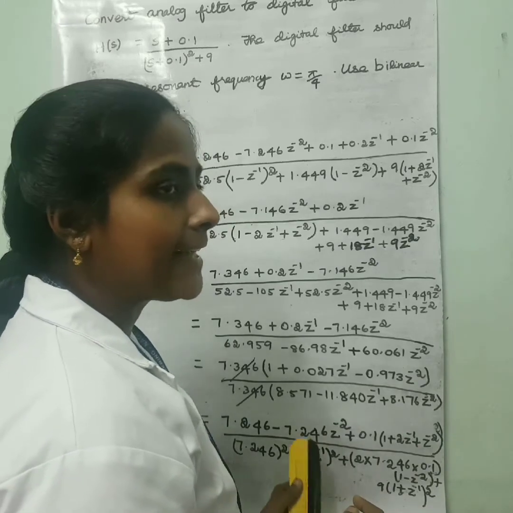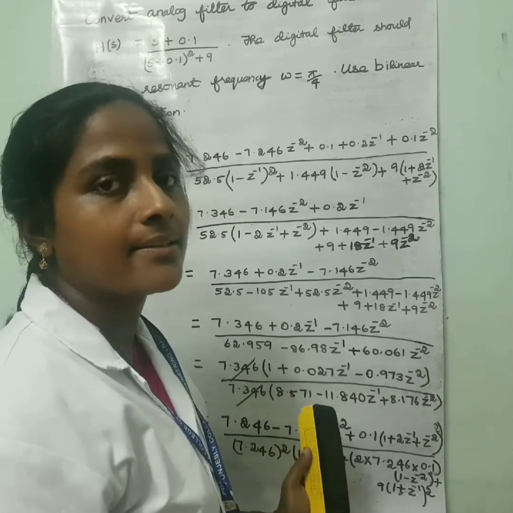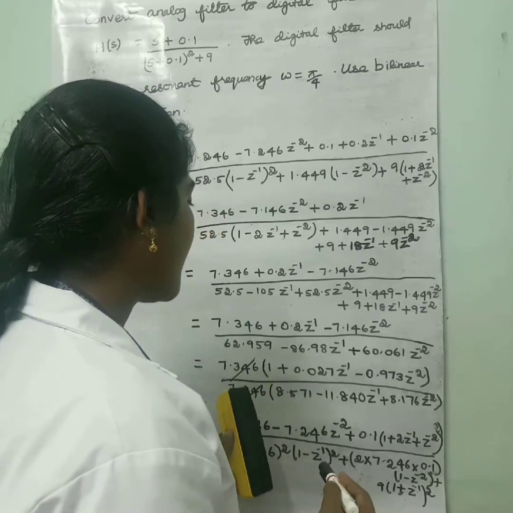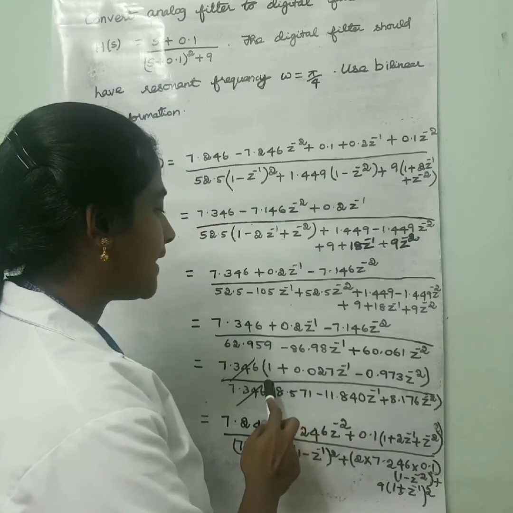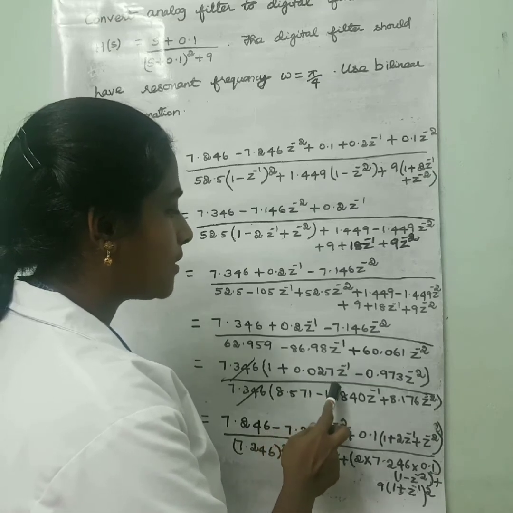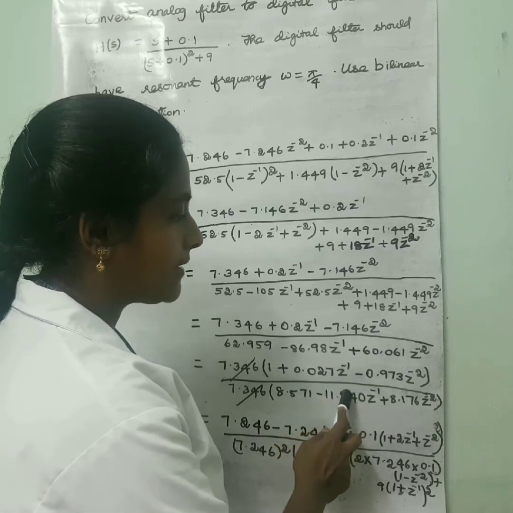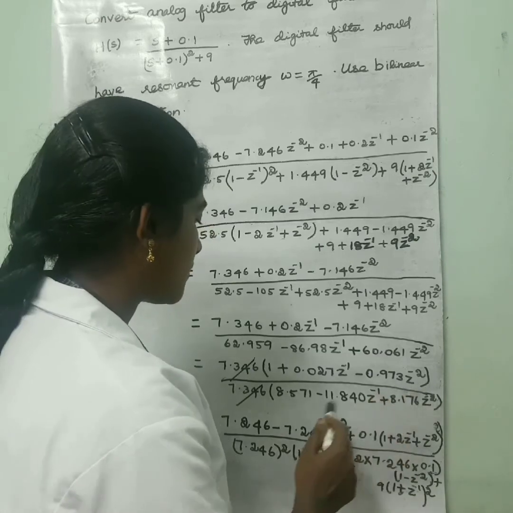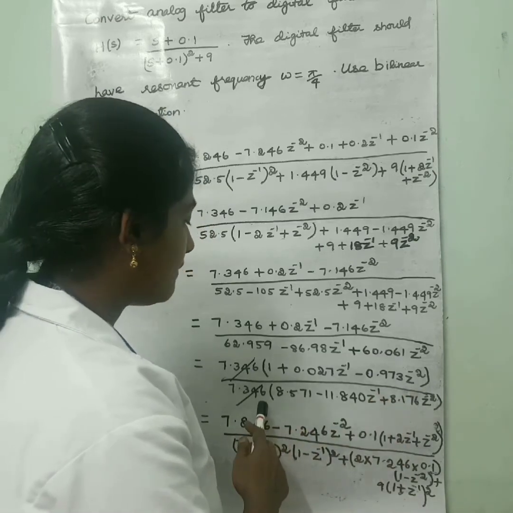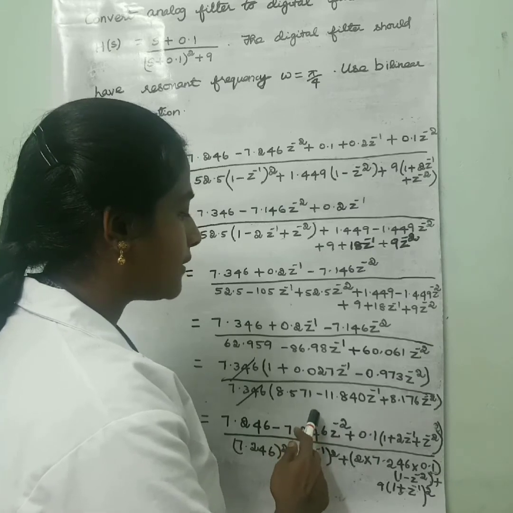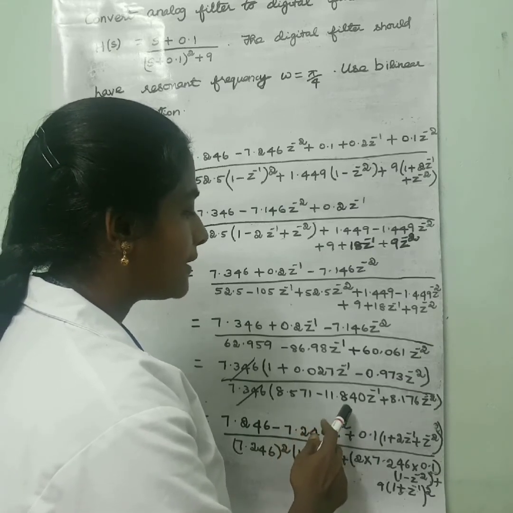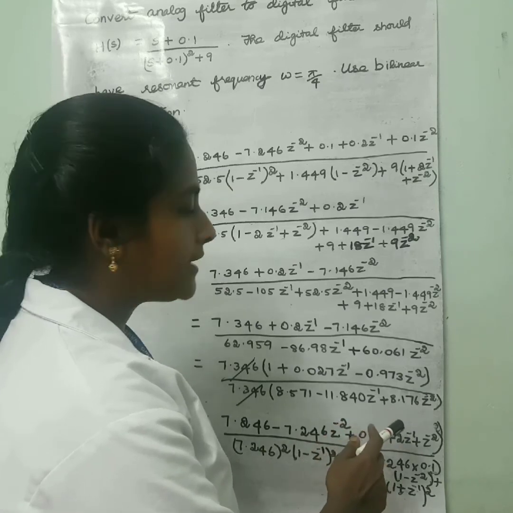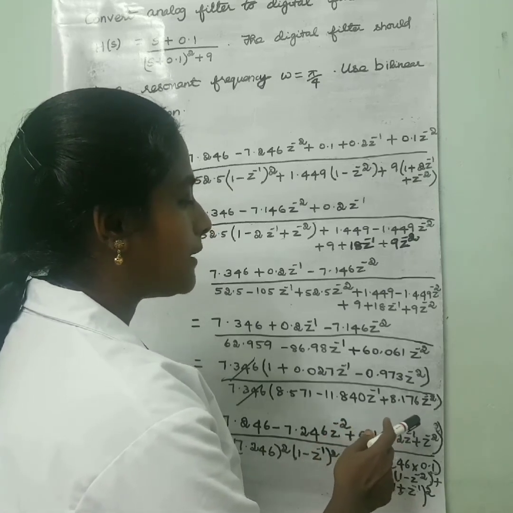Next you can take 7.346 in the numerator and denominator as common. So you will get in the numerator 1 plus 0.027 into z power minus 1 minus 0.973 into z power minus 2. Similarly in the denominator you will get 8.571 minus 11.840 into z power minus 1 plus 8.176 into z power minus 2.